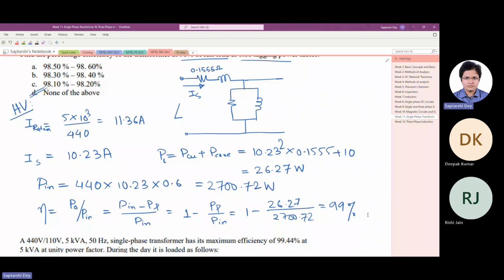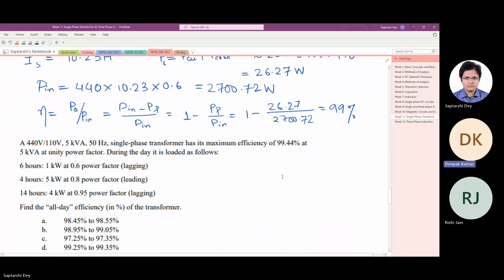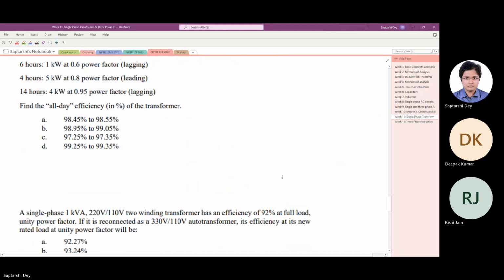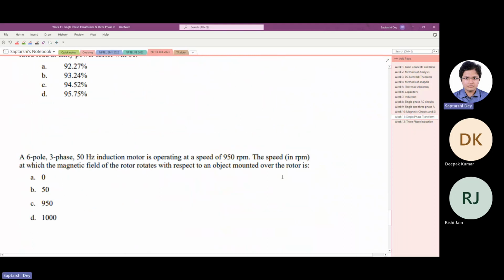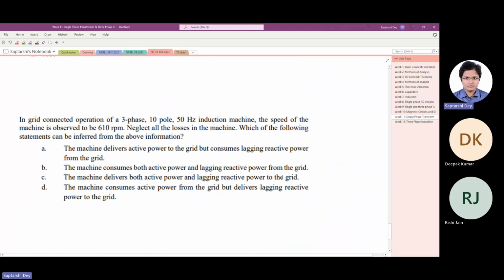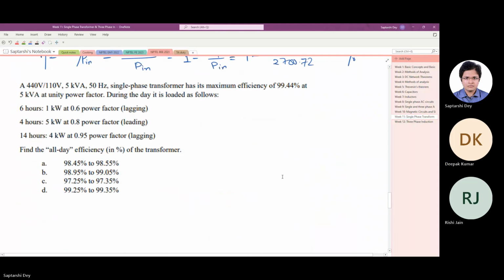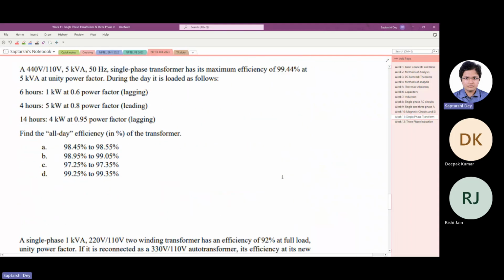If not, we'll go to the next question. This one is quite a long question. Do you have something else? So many questions. Okay, anyway, we'll do this. Yeah, Deepak, want to say something? Okay.